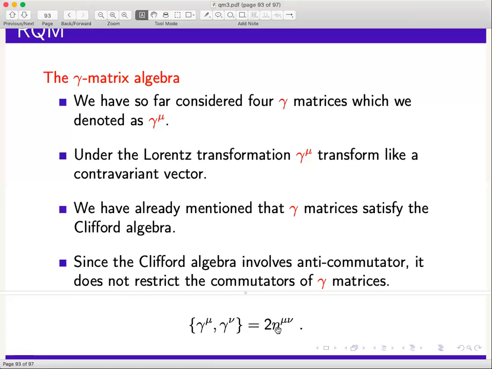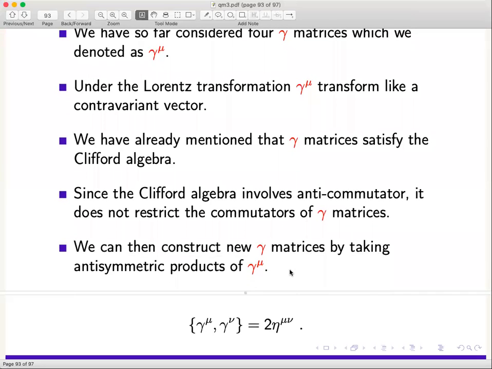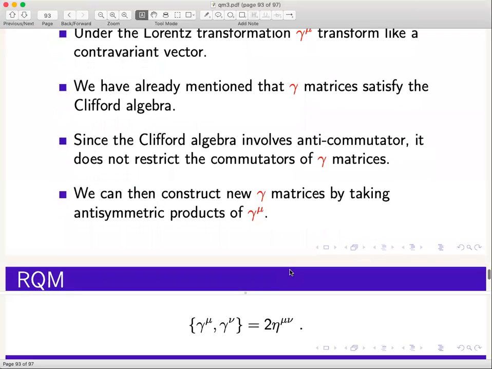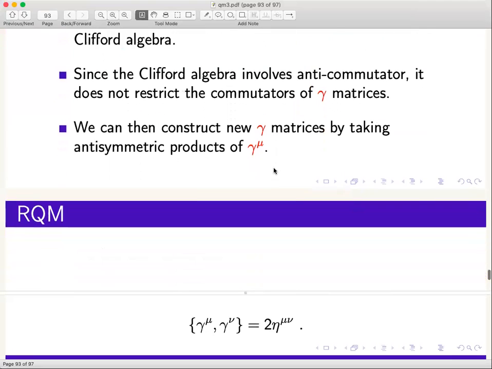That is what the anti-commutator tells you. So if you look at the commutator of gamma mu with gamma nu, you would get a term which is gamma mu gamma nu minus gamma nu gamma mu. Now this minus gamma nu gamma mu can be written as plus gamma mu gamma nu. Therefore the commutator of two gamma matrices is just a product of two gamma matrices. That is what I wanted to say.